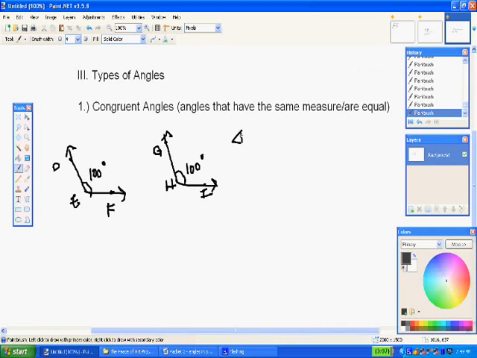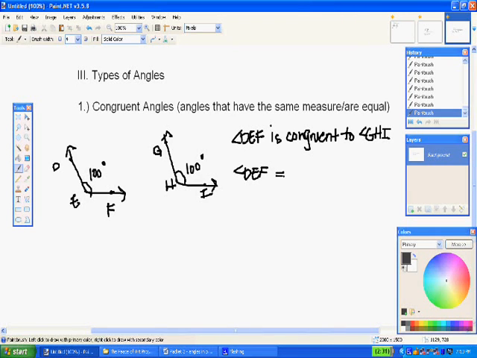So angle DEF is congruent to angle GHI. Or, for short, you can use a symbol, the congruent symbol, which is this.